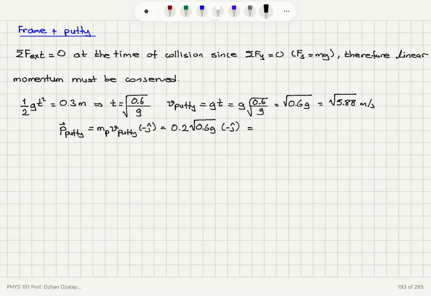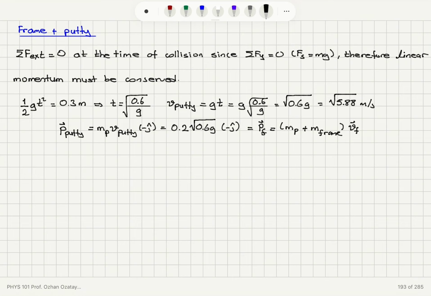The final momentum of the system will be mass of the putty plus mass of the frame, multiplied with the final velocity.